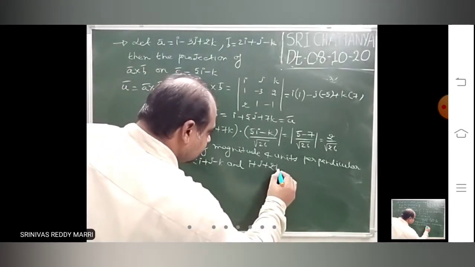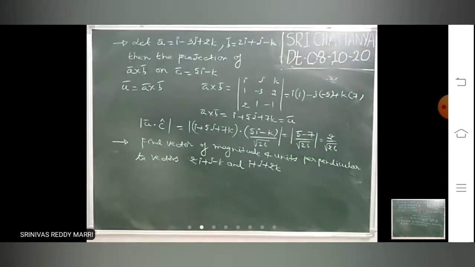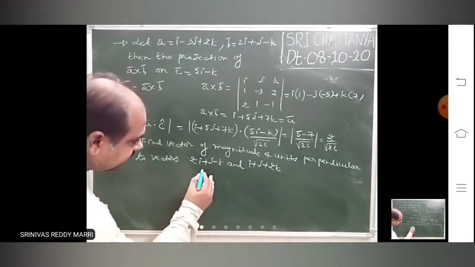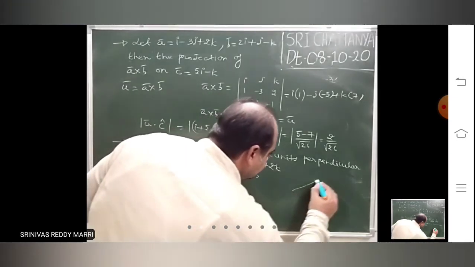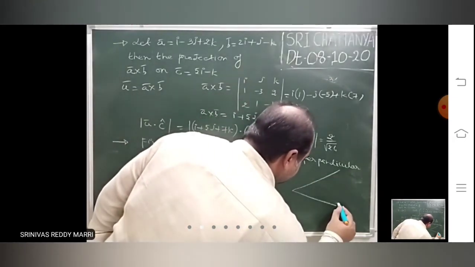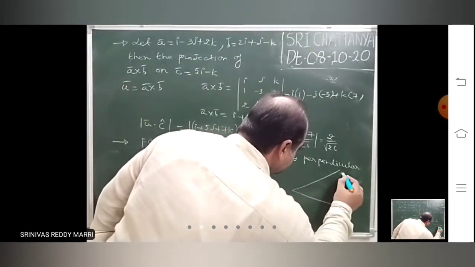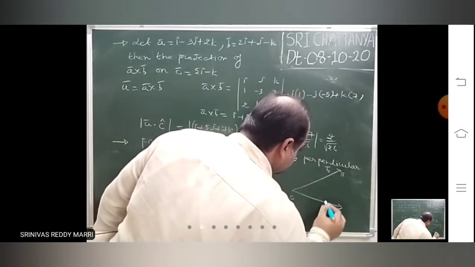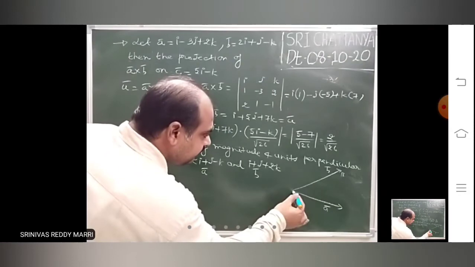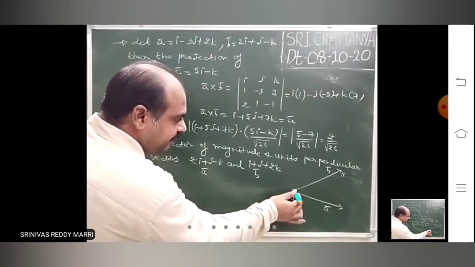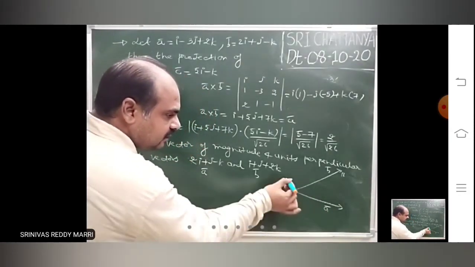Look at, you have to find a vector which is perpendicular to both. That means you take this as A bar, this as B bar. Look at, this morning I told you, a vector perpendicular to both A bar and B bar will be along the normal.